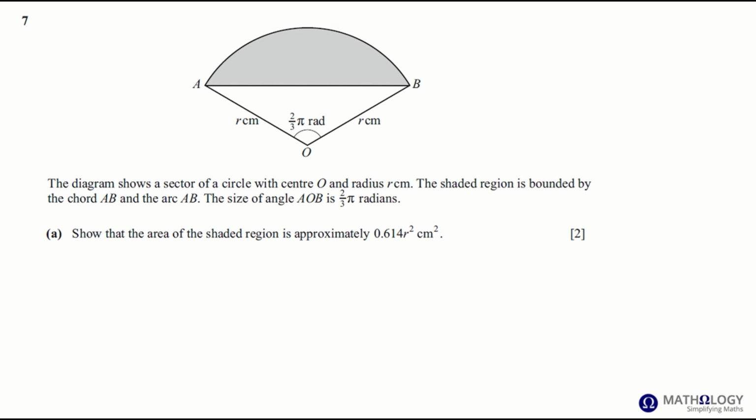So first, let's identify how we are going to find the area of the shaded region. The area of the shaded region will be the area of the sector AOB minus the area of triangle AOB.